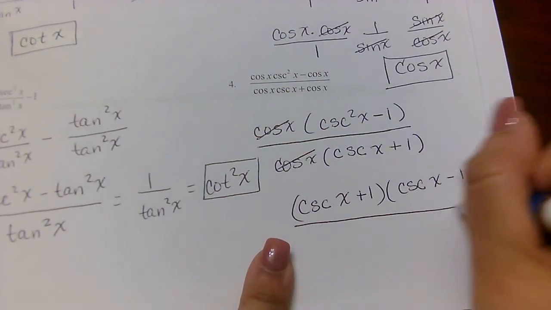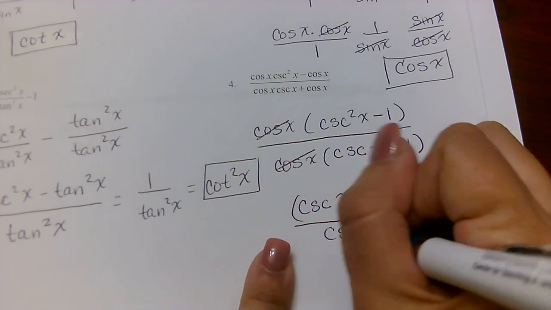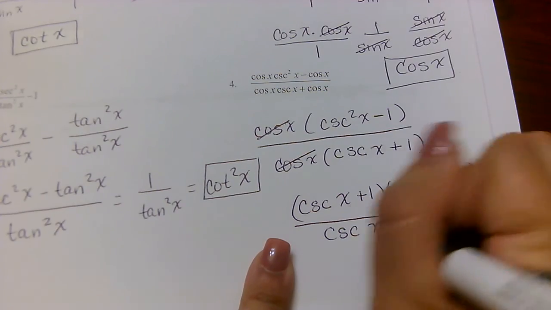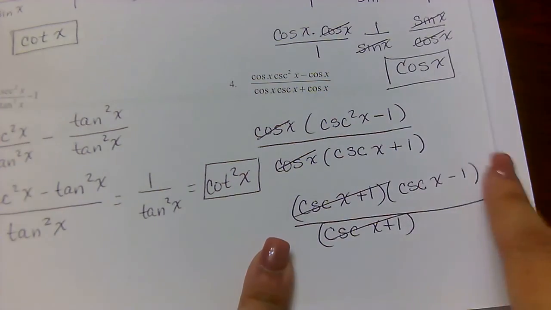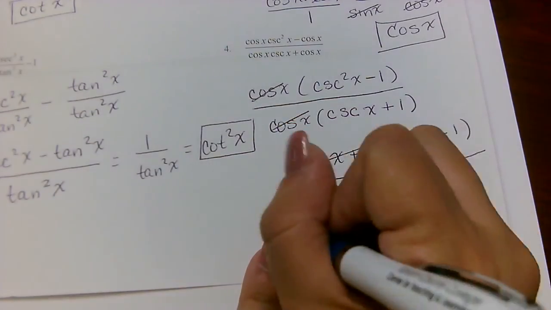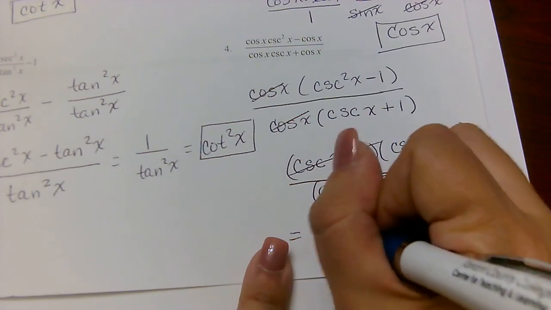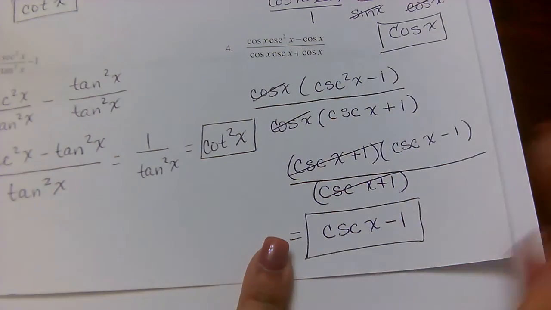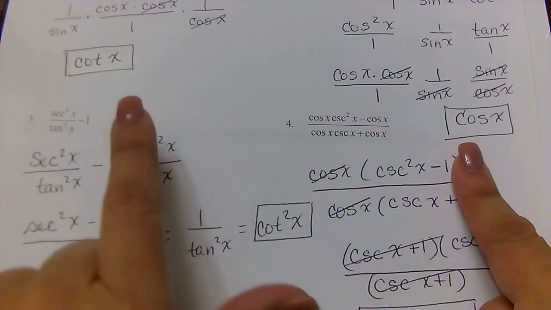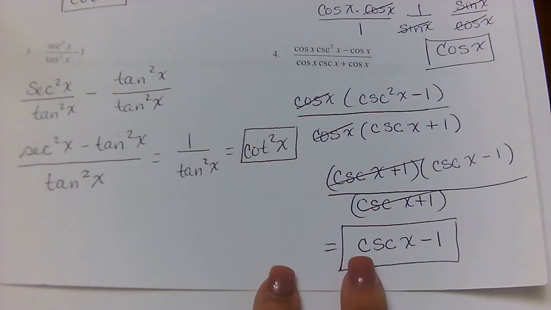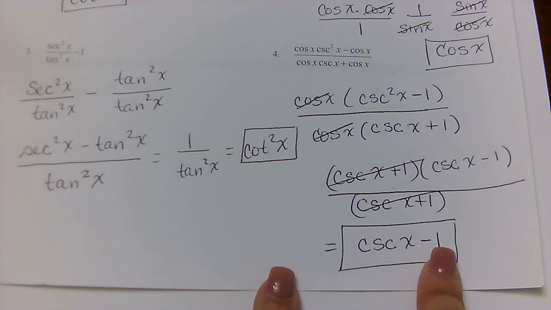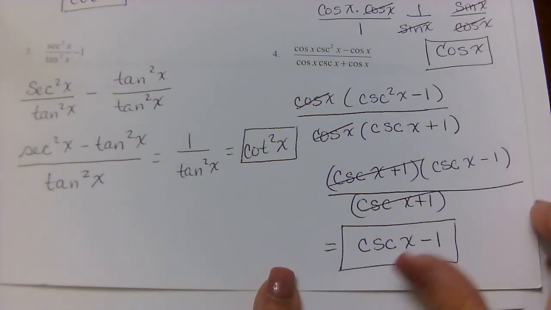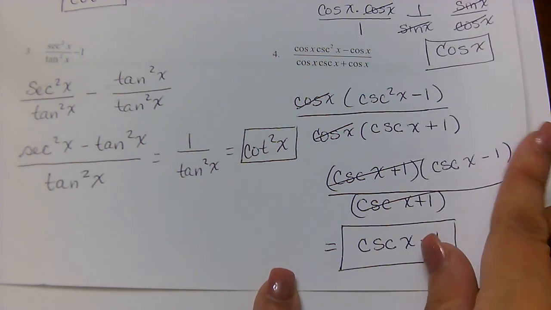If we're dividing that by cosecant x plus 1, we can see that these two terms cancel, leaving our final answer as cosecant x minus 1. Now, this is a little bit different than the others, but notice that there's only one trig function here. The other one is a number, and that's okay because this is as simple as it can get.